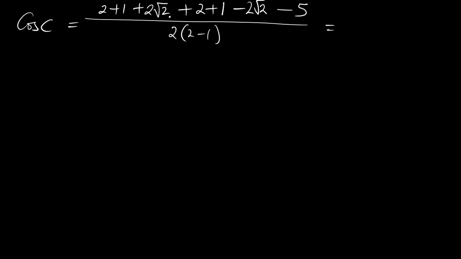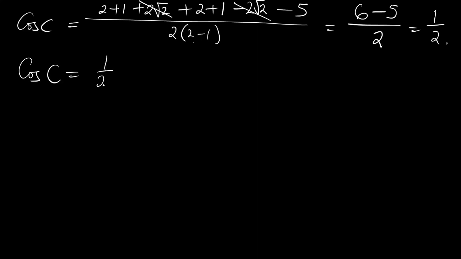The 2 root 2 terms have different signs, so they cancel out. 2 plus 1 plus 2 plus 1 gives you 6, minus 5, divided by 2 times 1, because 2 minus 1 is 1. So this gives you 1 over 2. That means cos C is equal to 1 over 2, so C is equal to cos inverse of 1 over 2.